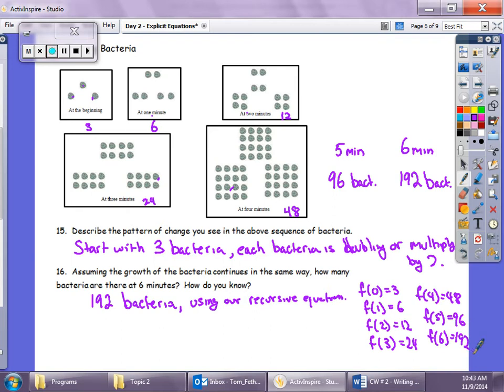So we just used our recursive equation. We found each of these previous steps.